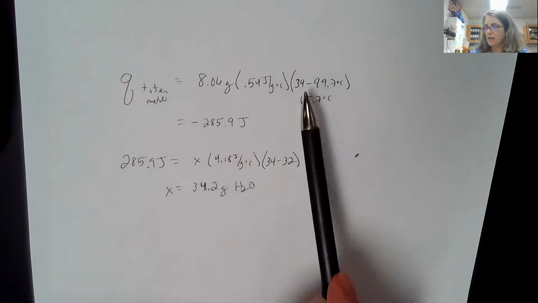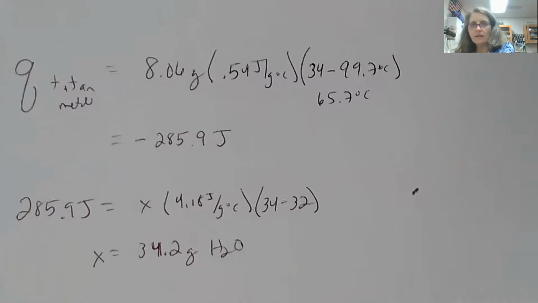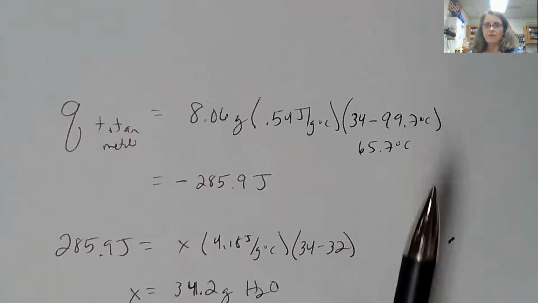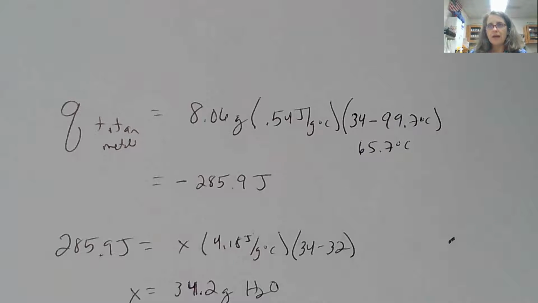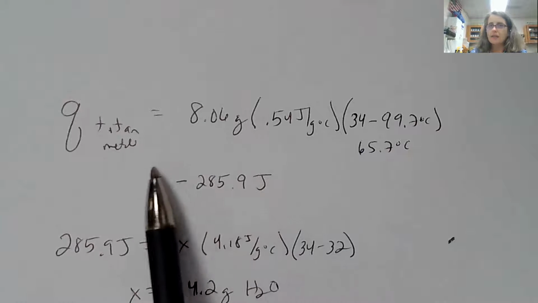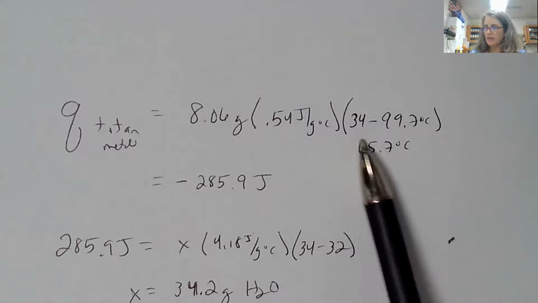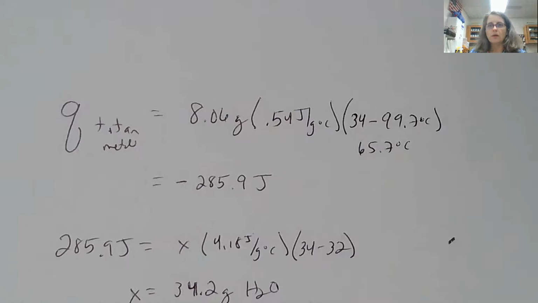So it ended up being 34 degrees, and then I started with a temperature of 99.7, so the difference there is 65.7. Now you could write this as a negative joule, or you could write it as a positive. Again, the negative is just meaning the metal is losing. Again, it is negative because the final temperature is lower than the initial temperature. So back to the quiz.